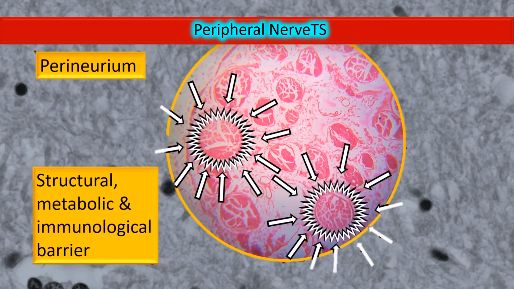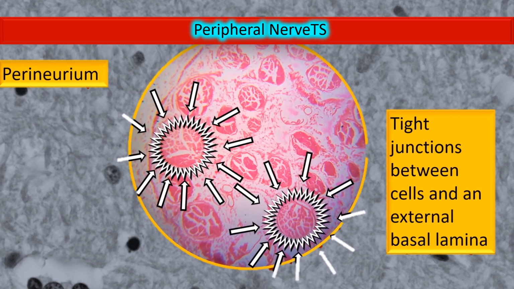Now, this is extremely important because you will notice that the perineurium is tight junctions between cells and an external basement membrane. So that means it's just not connective tissue. It is something much more than that. The word tight junction is important. The location where the cell and the basement membrane are there.